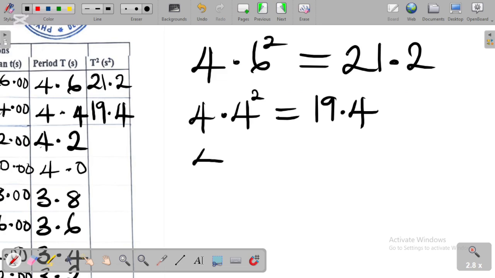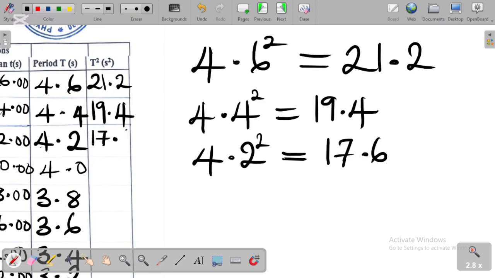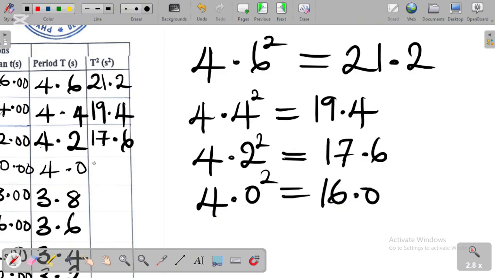The third one is 4.2 raised to power 2. It would give you 17.6. So you write down here 17.6. The fourth one is 4.0 raised to power 2. It would give you 16.0. So write down here 16.0.